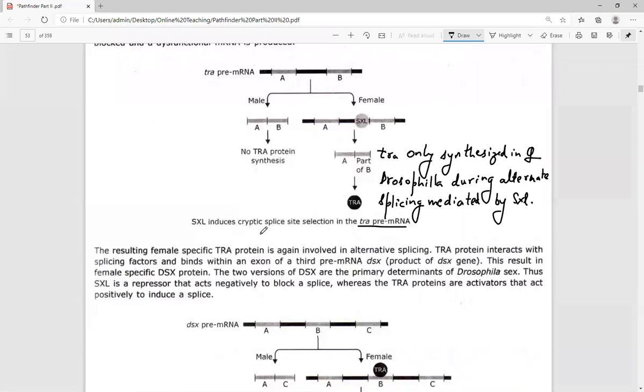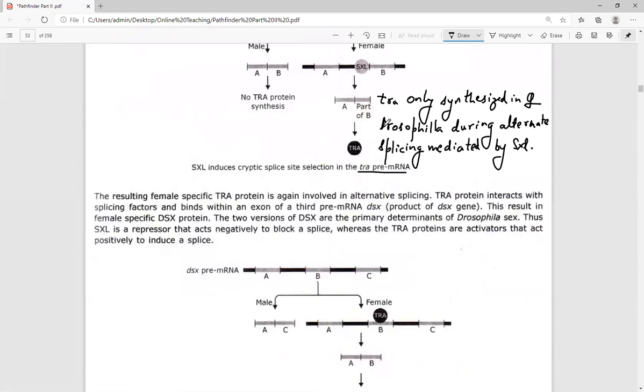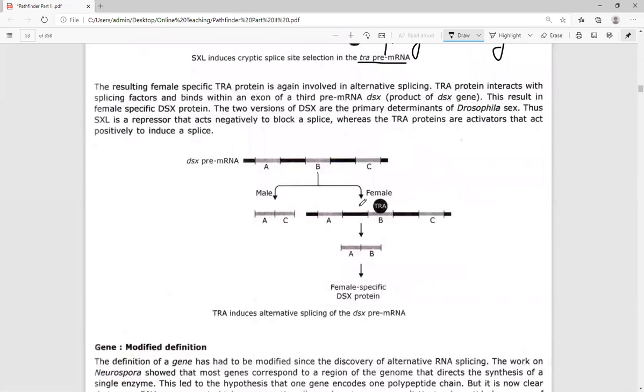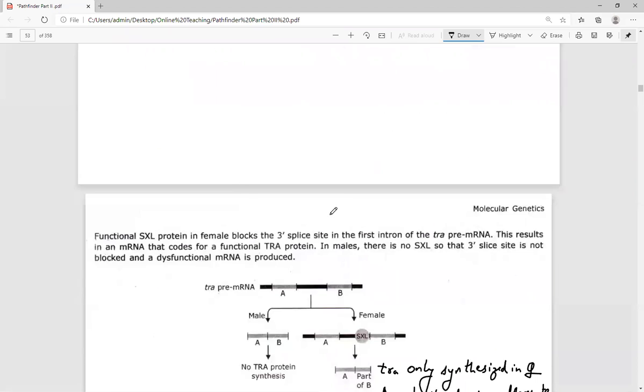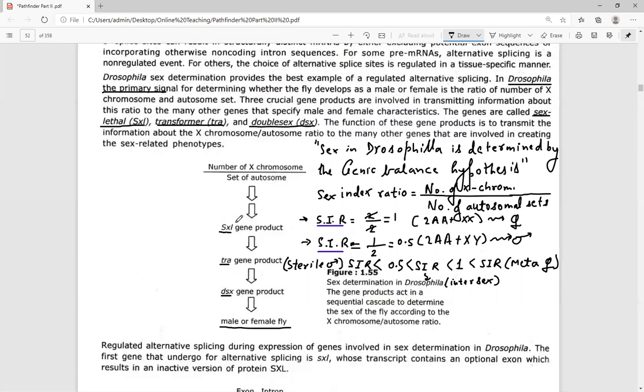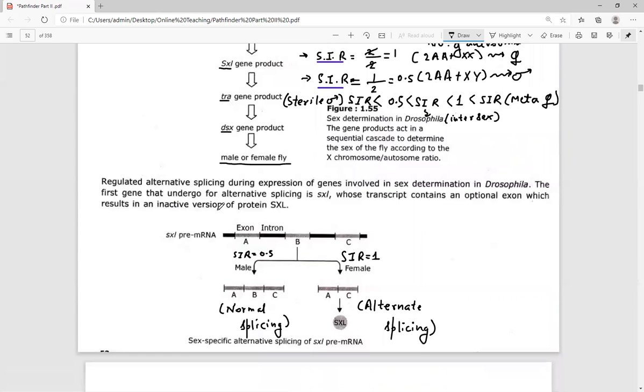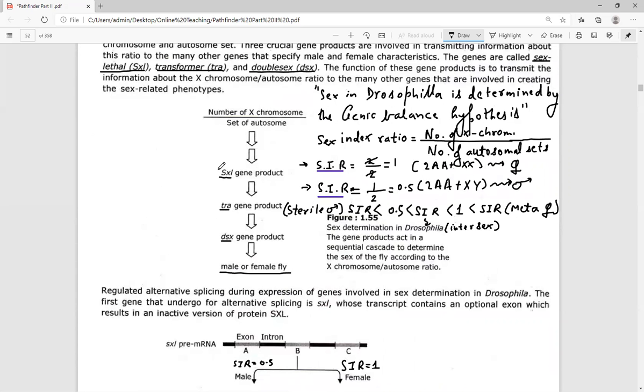Next, after Tra is produced, Tra would produce another type of splicing in the case of the Dsx gene. So see, this is what sir has described here. Normal splicing or alternate splicing. Normal splicing male, alternate splicing female.